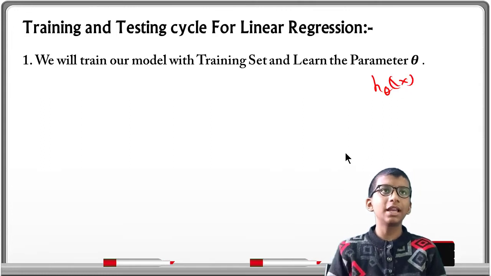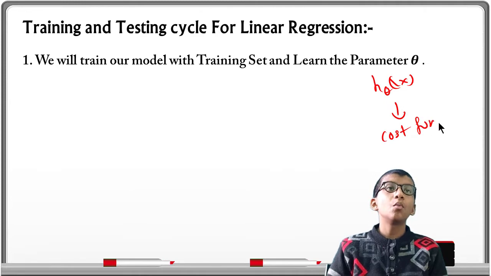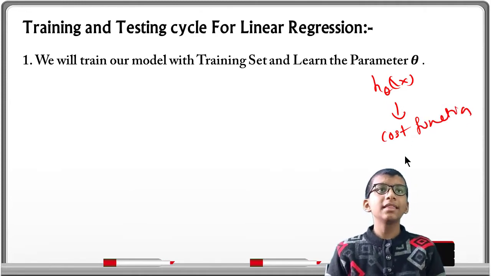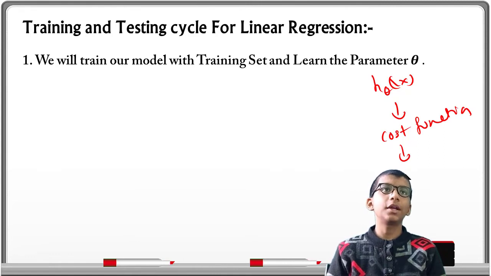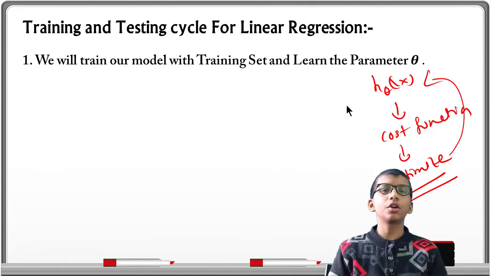Then we use our cost function J of theta, which gives an error of how our model is doing. After that we optimize using gradient descent, and here we learn the best parameters that fit this model. This is the basic workflow for training.